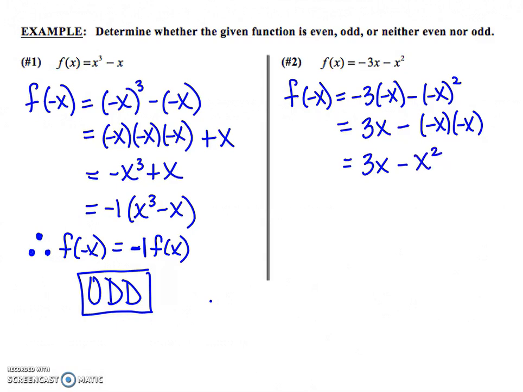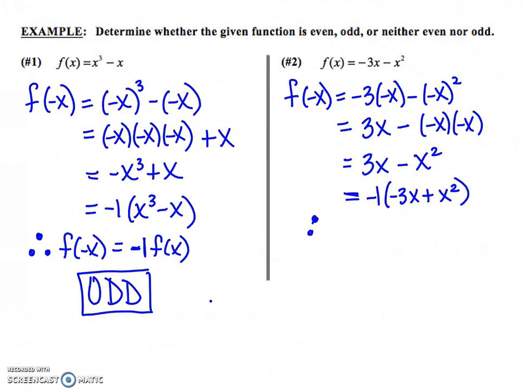Well, if we look at that and we look at the original, if we factored out a negative 1, yes, that would make our 3x negative, but would make our x squared positive. I can show that work here: if we factor out a negative 1, this becomes a negative 3x, but this becomes a positive x squared.